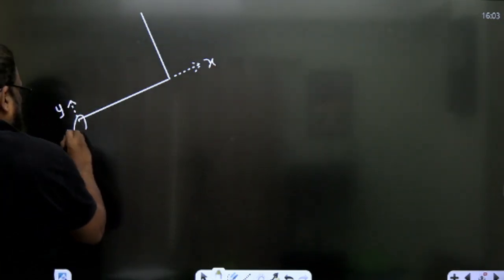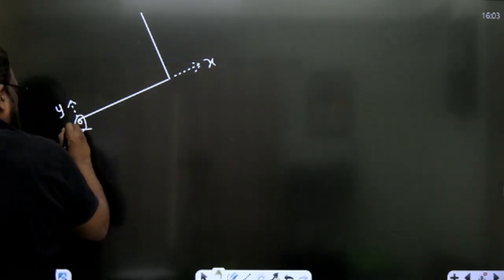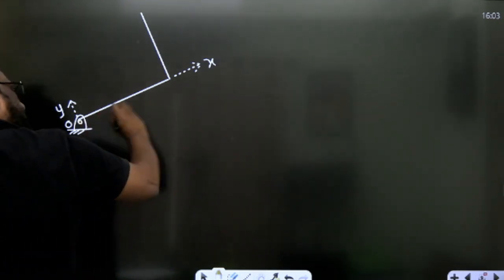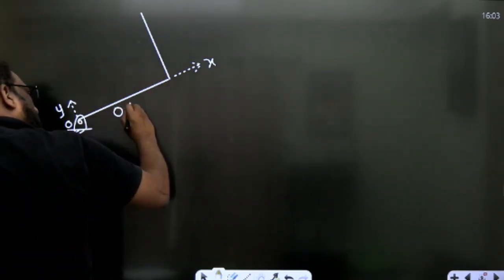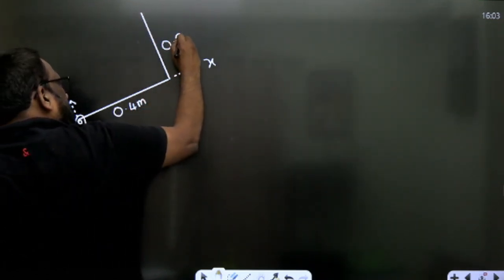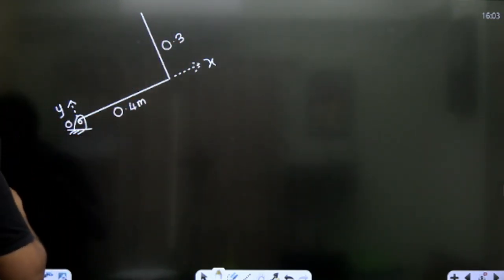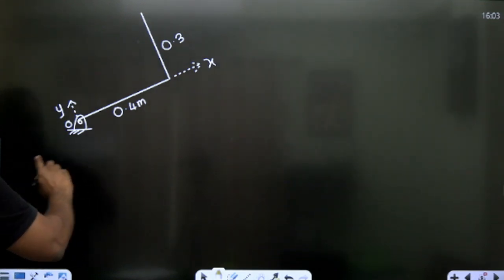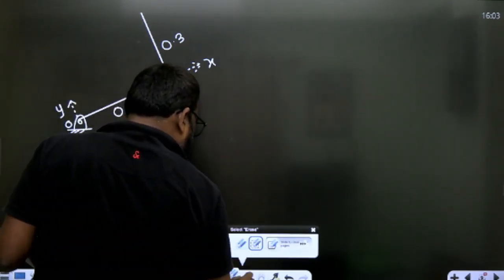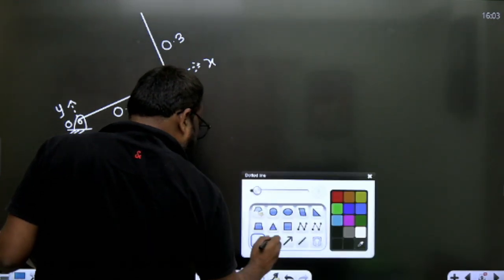The origin is passing through this. ठीक है sir. This is the origin. ठीक है. This length is given as 0.4 meter. This length is given as 0.3 meter. ठीक है. And this system, ये पूरा एक ही है sir. This is a complete one system. It is a single system. एक second.